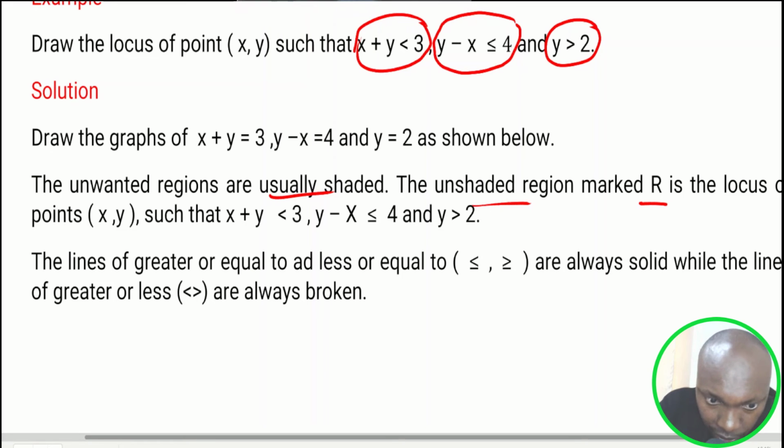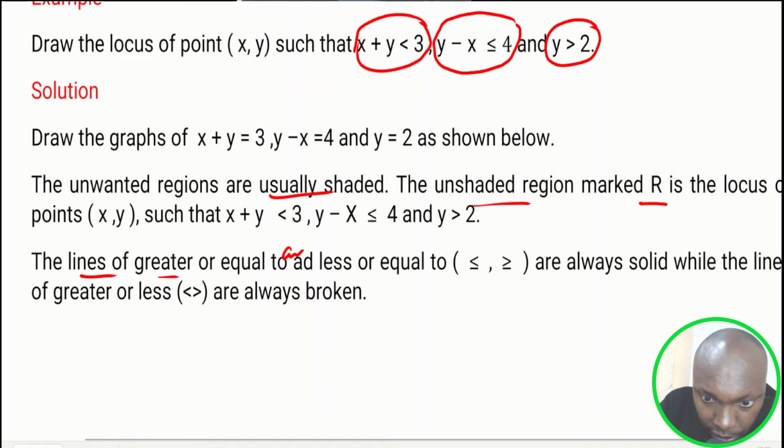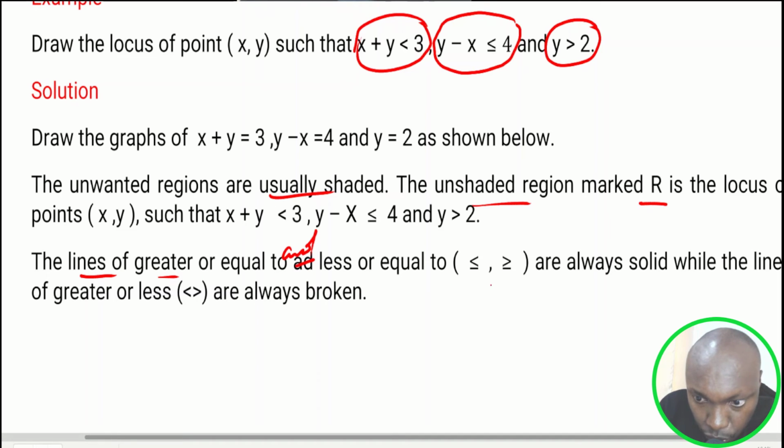And don't forget that the lines for greater than or equal to and less than or equal to are always solid or continuous, while the lines for greater than or less than are always broken. So when you're drawing those lines, less than or equal to and greater than or equal to are solid or continuous, and greater than or less than are broken.